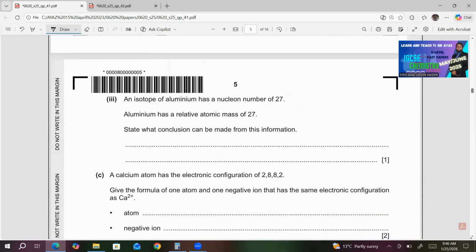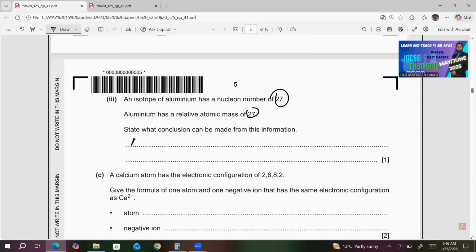Number 3. An isotope of aluminium has a nucleon number of 27. Aluminium has a relative atomic mass of 27. State what conclusion can be made from this information. It definitely indicates that aluminium has only one isotope that has this nucleon number.